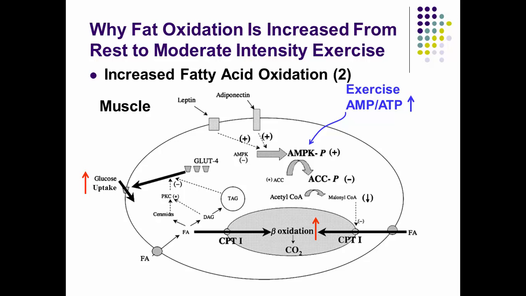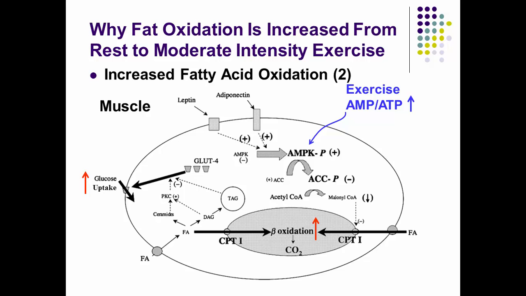During exercise, the AMP to ATP ratio increases, because you release a lot of energy and break down ATP to AMP. This will stimulate AMPK, a kinase that catalyzes the phosphorylation of ACC, acetyl-CoA carboxylase.